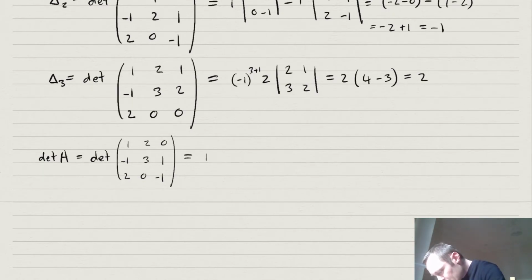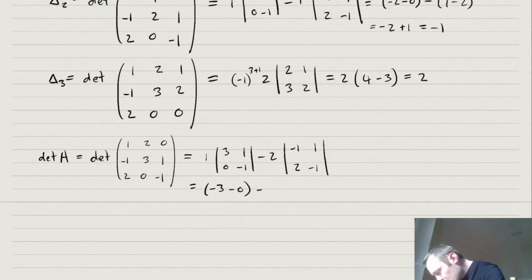So we'll get 1 times 3, 1, 0, minus 1, subtract 2 of minus 1, 1, 2, minus 1, equals 1 times minus 3, subtract 0, minus 2 times 1, subtract 2, equals, let's see, so that's minus 3, and then we're subtracting minus 1, so adding 2 equals minus 1.